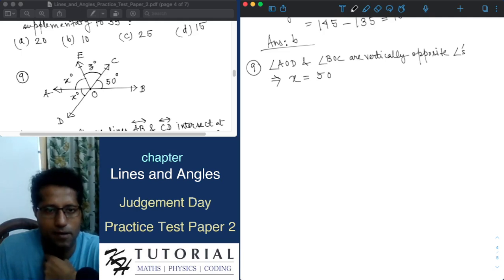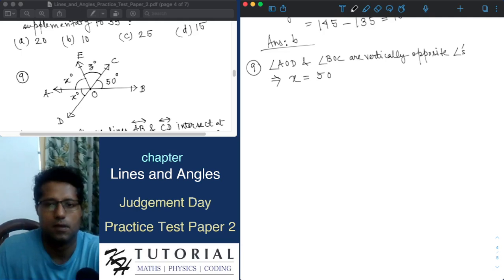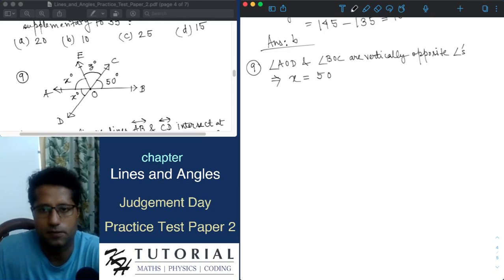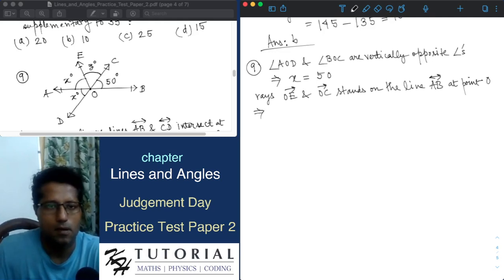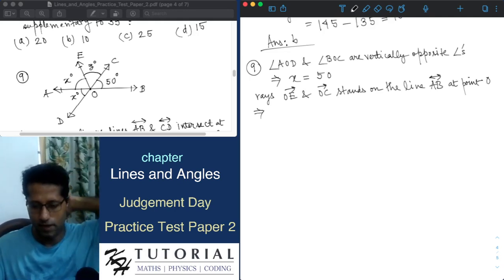We can see that the angles x, z and 50 are on the same side of the line AB, formed by the line AB and the rays OE and OC standing on the line AB at point O. We know that the sum of all angles on one side of a straight line is 180 degree.